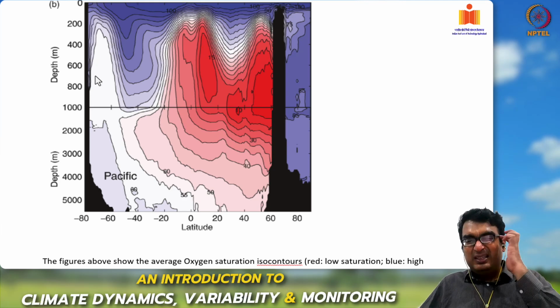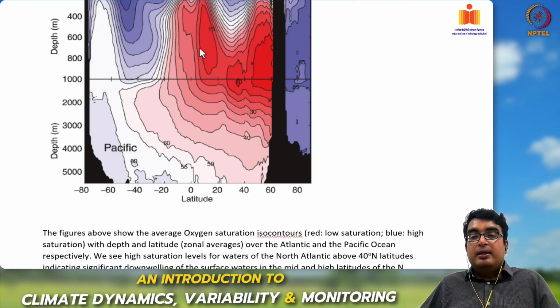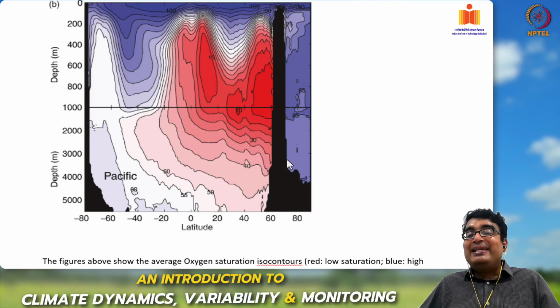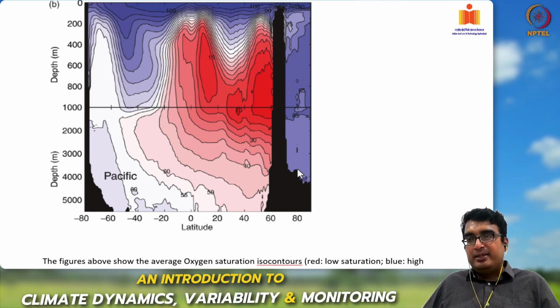Okay. The other point to note is, beyond the 70 degree north latitude, between the Pacific and the Atlantic, you have the Arctic Ocean, which is quite well mixed from the top to the bottom due to, once again, thermohaline circulations driven by salinity gradients.